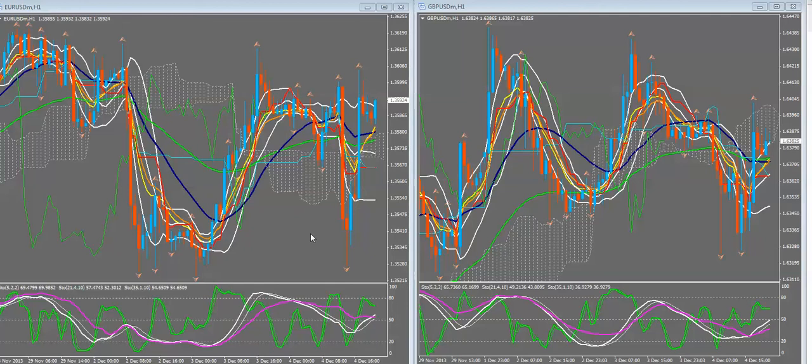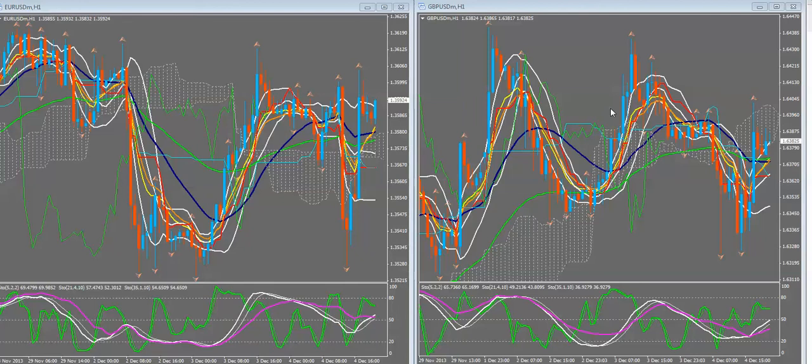I trade in the style of Kelvin Thornley, so there are certain things that my eye is trained to look at in terms of price, in terms of moving averages, in terms of my stochastic indicators. But when I look at the complete picture of the euro hourly on the left or the pound hourly on the right, these are not clearly trending charts.